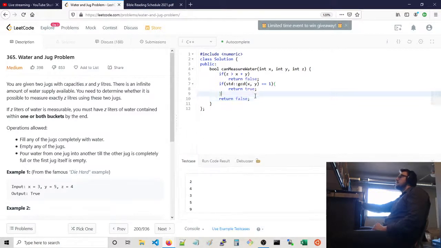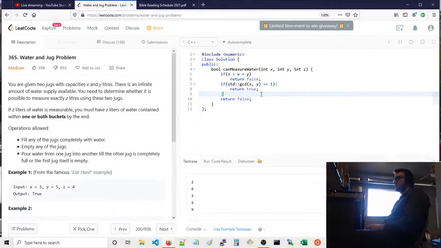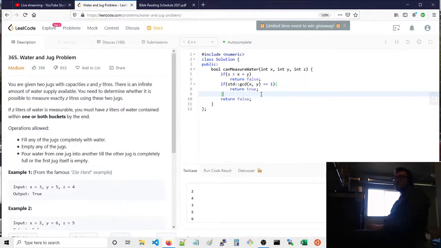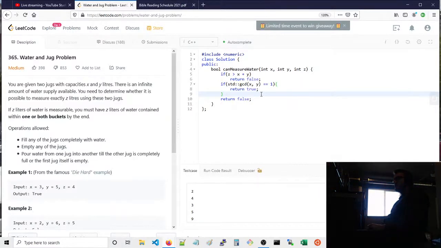Now what's also interesting is if they're coprime, basically every time you move things around, you'll always be able to manipulate your differences to get these different values until you get what you want. If they're not coprime though, then what's left over after you manipulate is that you won't be able to reach certain numbers.